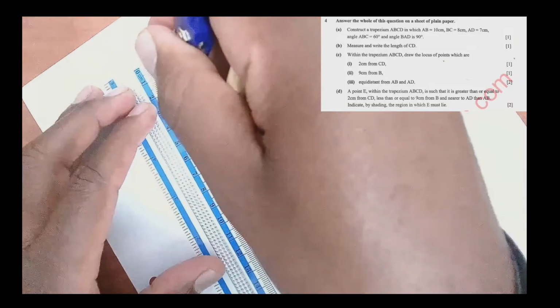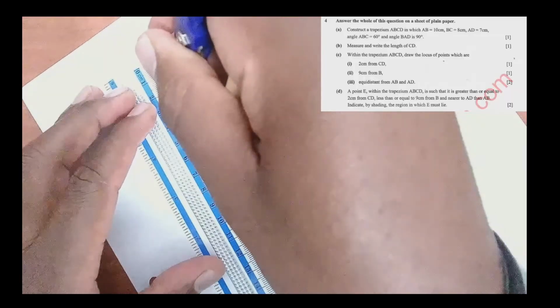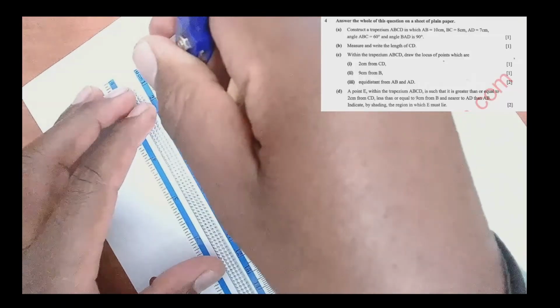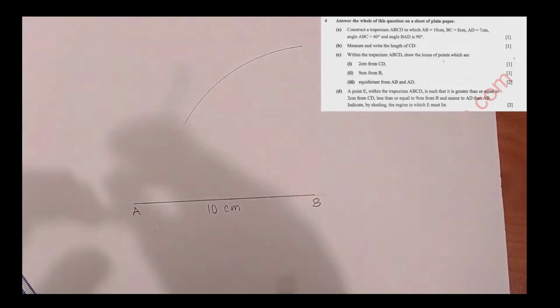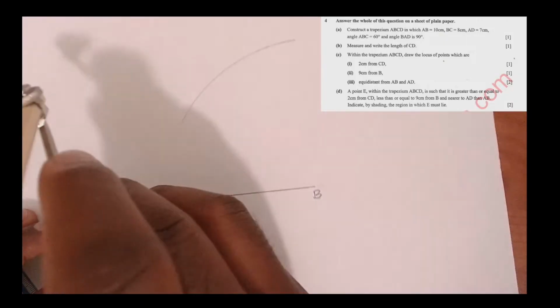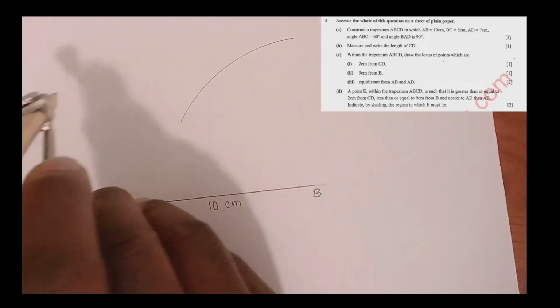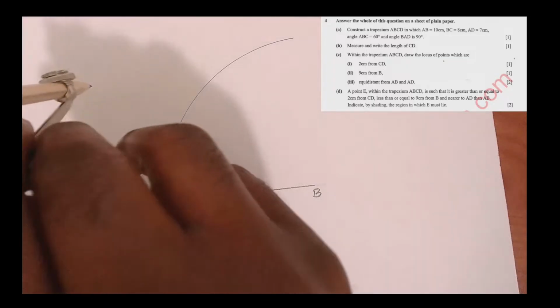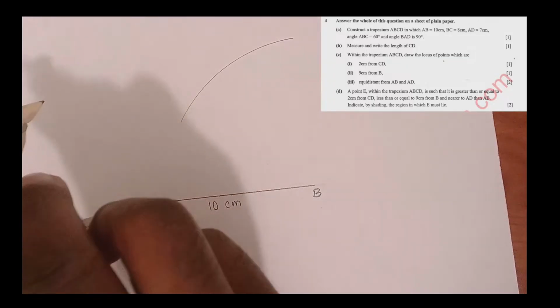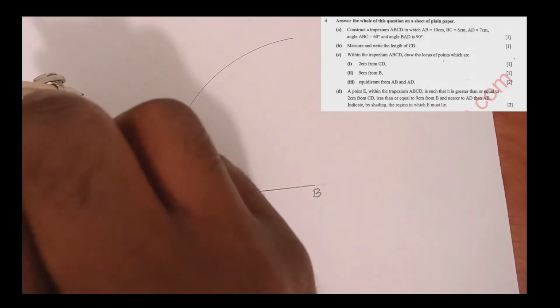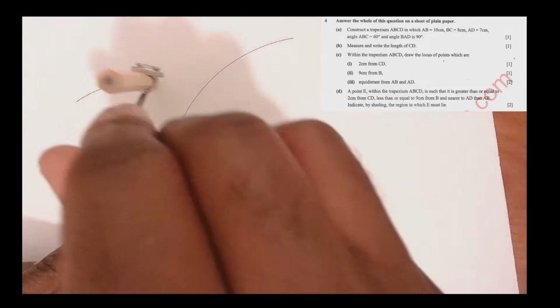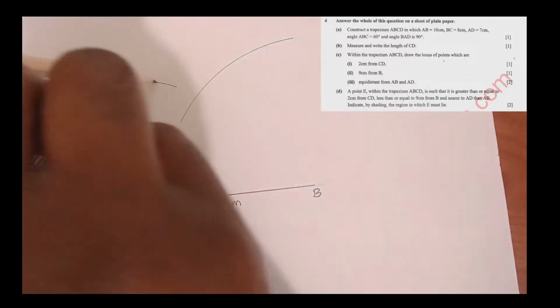And I need to squeeze it a little bit again. Okay. Yeah, this is 7 centimeters, right? So 7 centimeters is at A, right? A to D. I don't know where D is, but I know D should be somewhere this side.